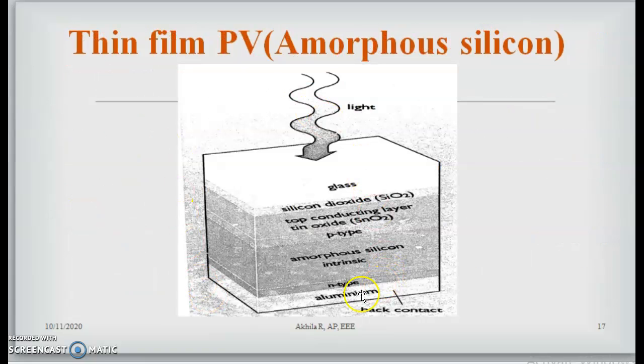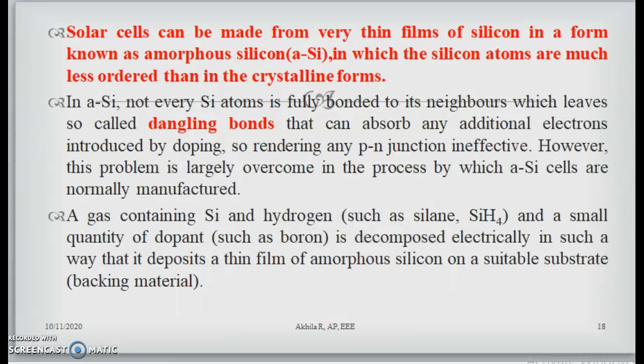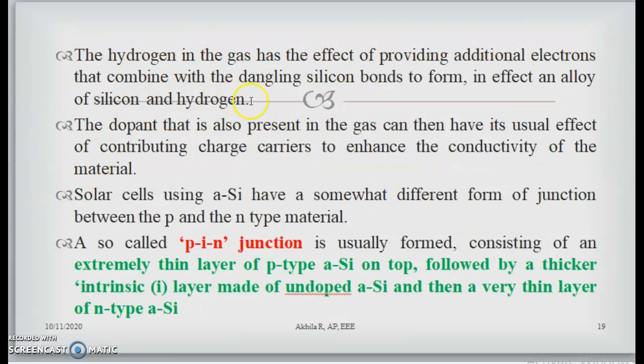So let's see the structure. You can see amorphous silicon, which is acting as the intrinsic layer, placed on the back contact. The hydrogen in the gas, which we mentioned, silane, SiH4, has the effect of providing additional electrons that combine with the dangling silicon bonds to form an alloy of silicon and hydrogen.